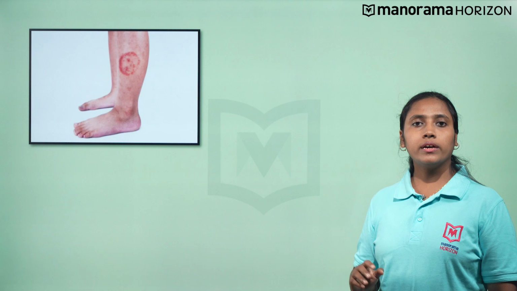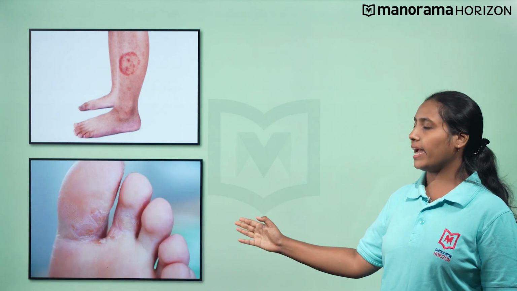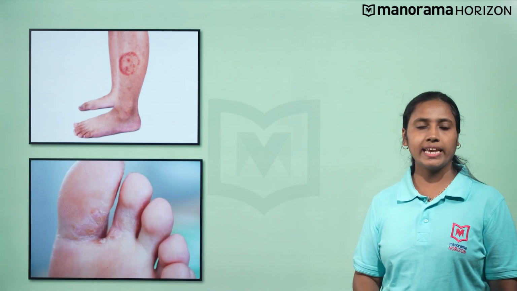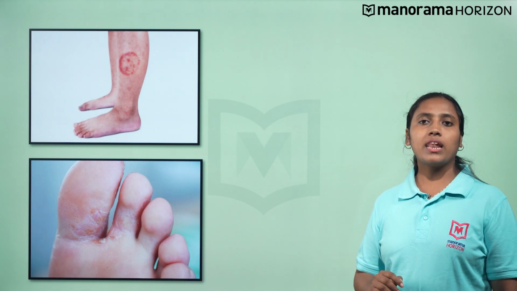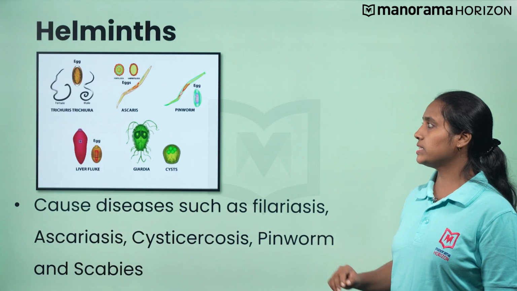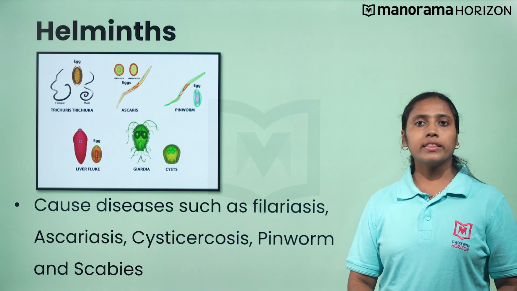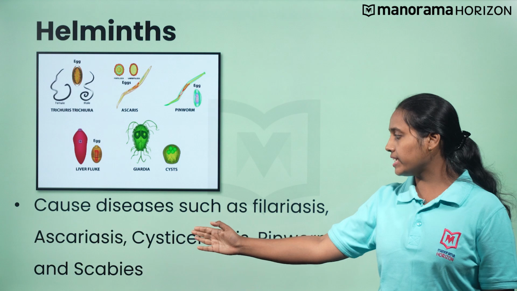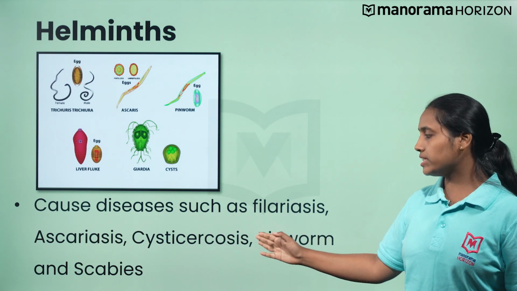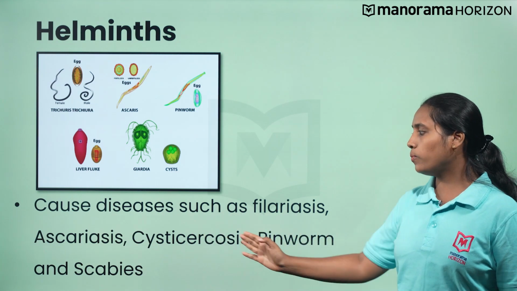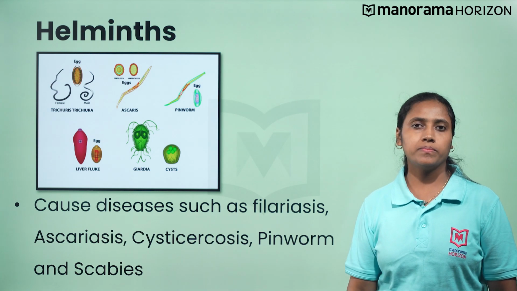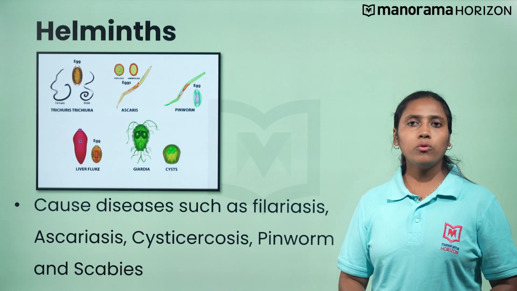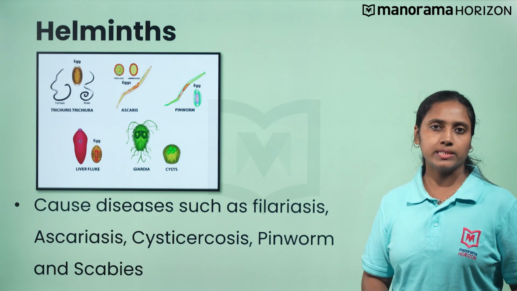They cause ringworm infection and athlete's foot disease, etc. The last group of pathogen is helminths. They cause diseases like filariasis, ascariasis, cysticercosis, pinworms and scabies. We can now go through few common diseases.